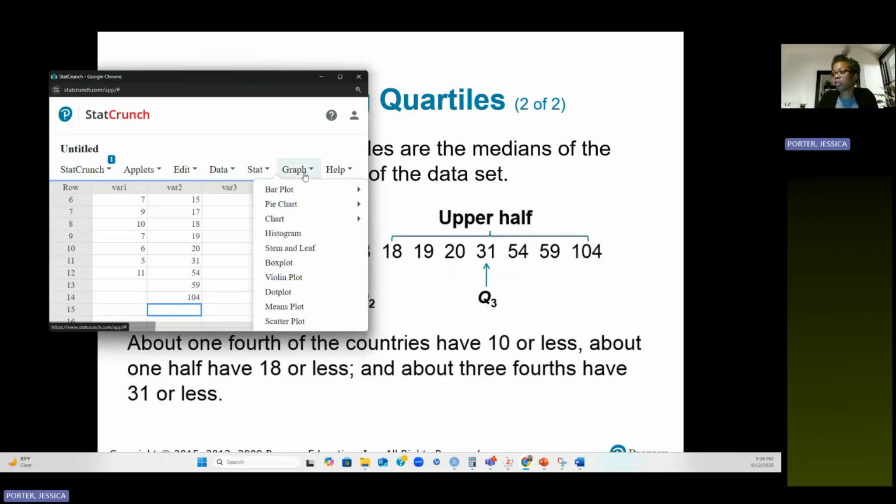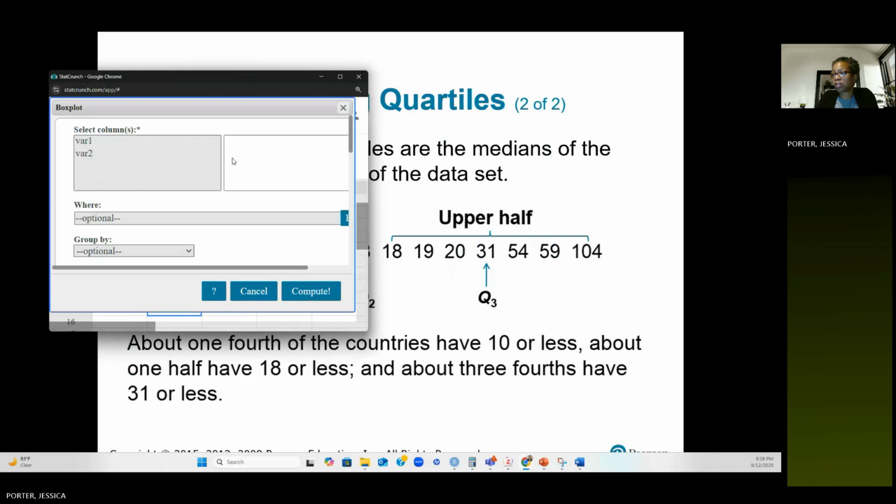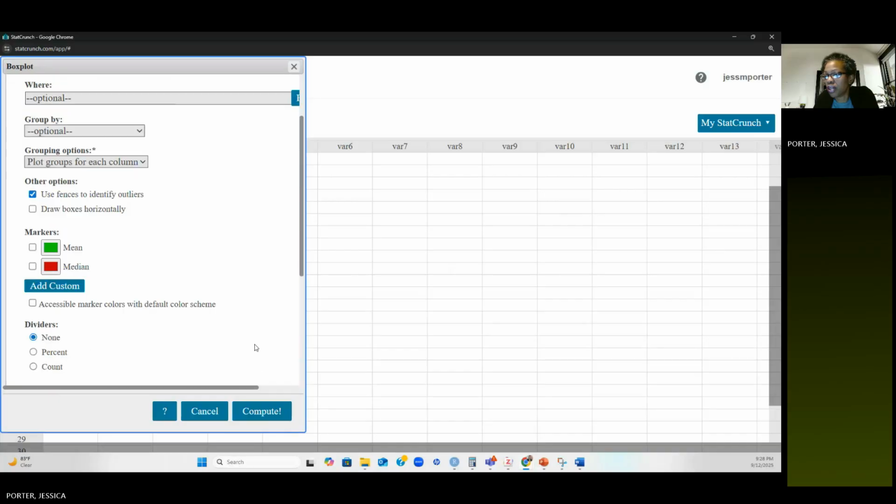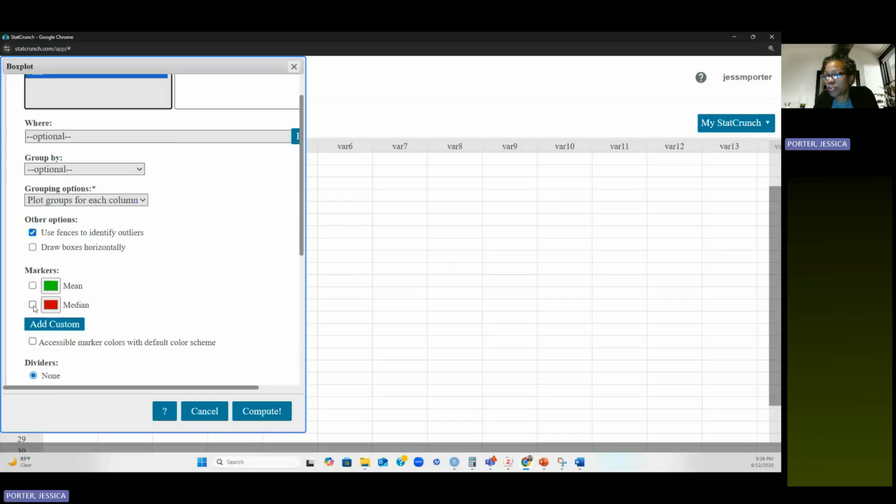Okay, so graph, box plot, and I think I put that stuff in var 2. See what my options are. You can mark the median if you want to. You can mark the mean if you want to. And StatCrunch puts your box plot vertically, but if you want to draw it horizontally, you can select that option.